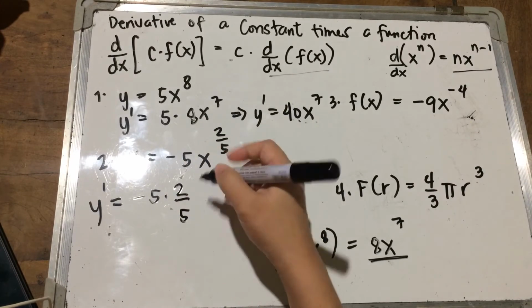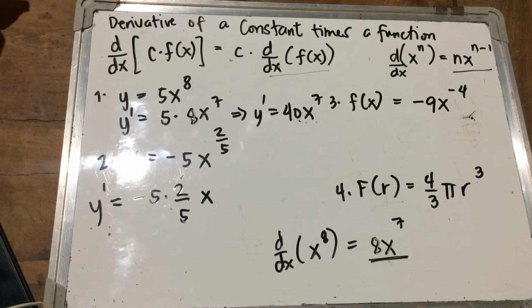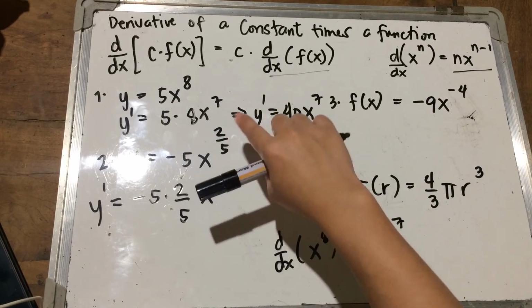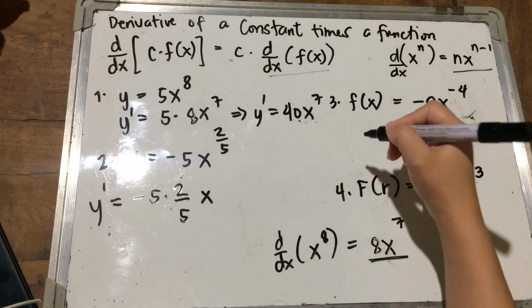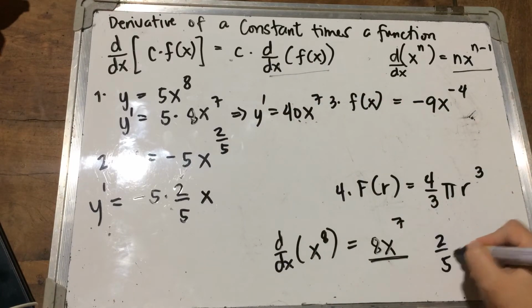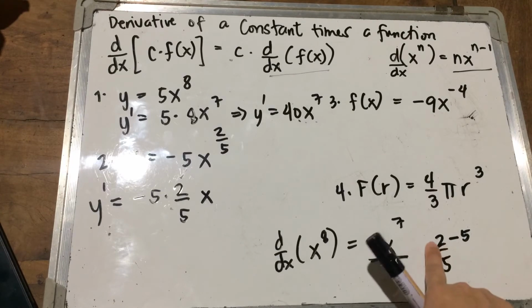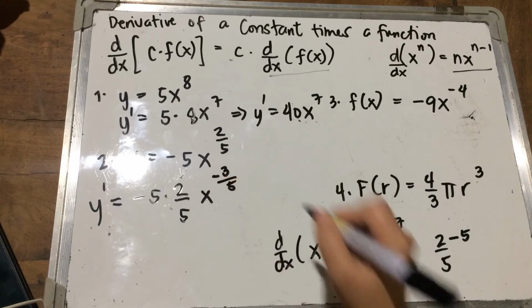And then, copy yung base x raised to n minus 1. Kapag fraction, ang gagawin natin, yung denominator, isusubtract na lang natin sa numerator. So, magiging 2 over 5 minus 5, and then copy the denominator. 2 minus 5 is negative 3, and then copy the denominator.